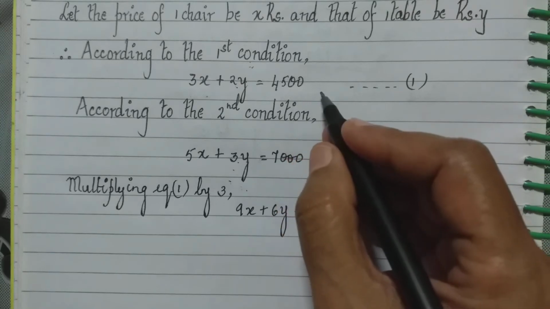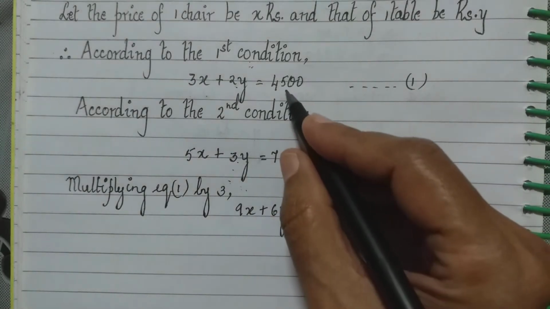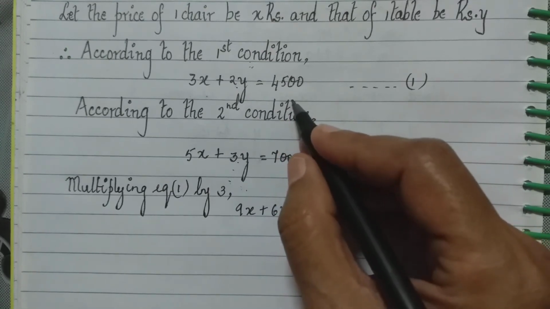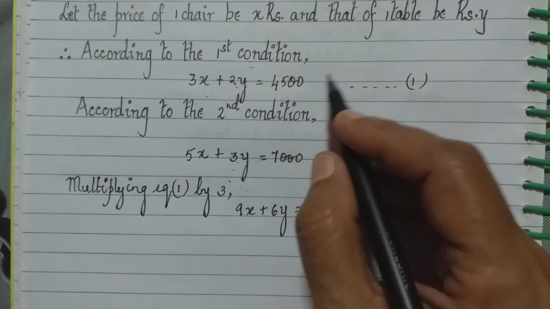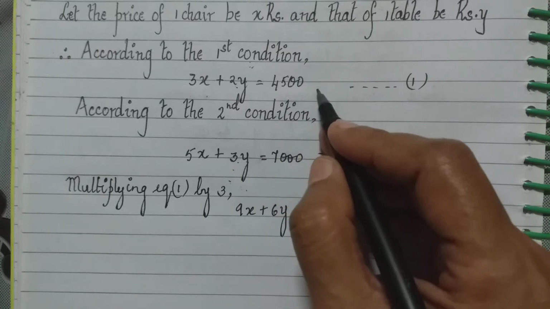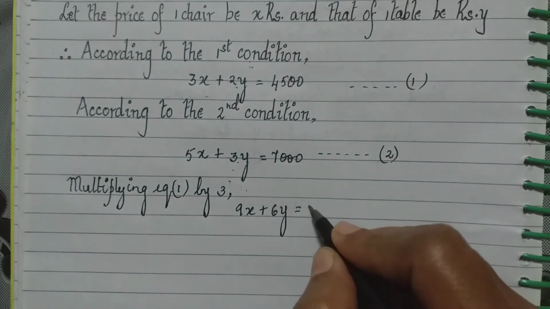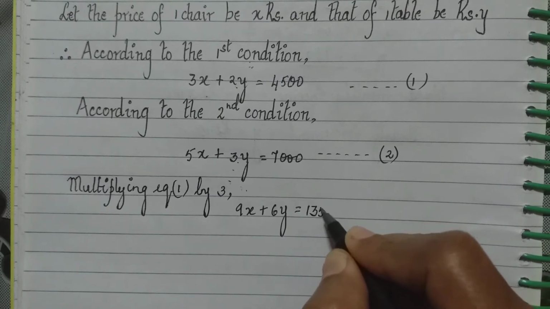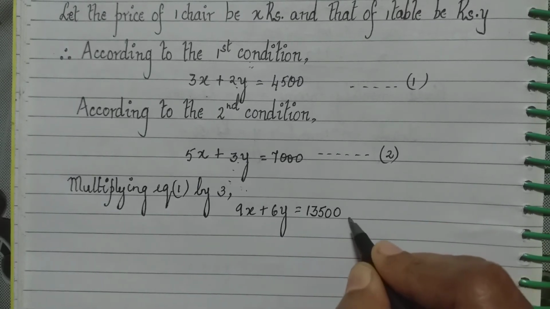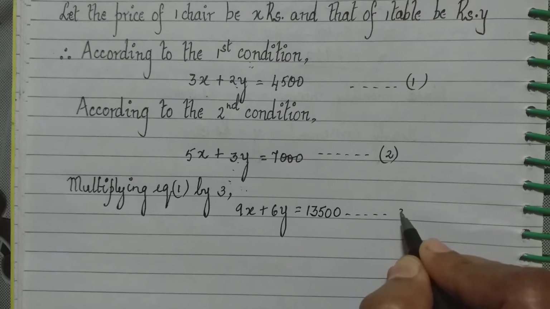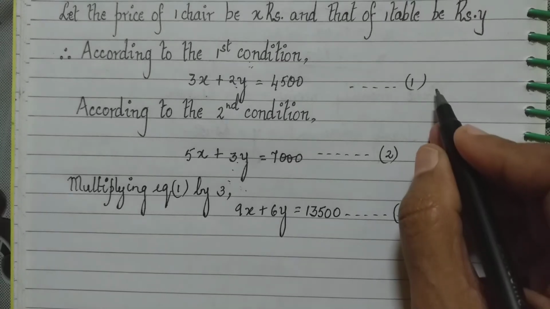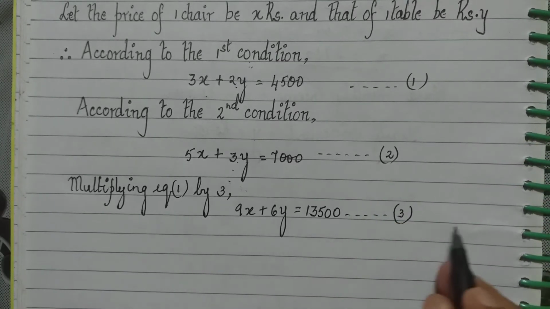Now 4,500 into 3 will be, 4,000 into 3 is 12,000. 500 into 3 is 1,500. So 12,000 plus 1,500 will be 13,500. Now I number this equation as 3 because the first equation is multiplied by 3 and I have got this third equation.